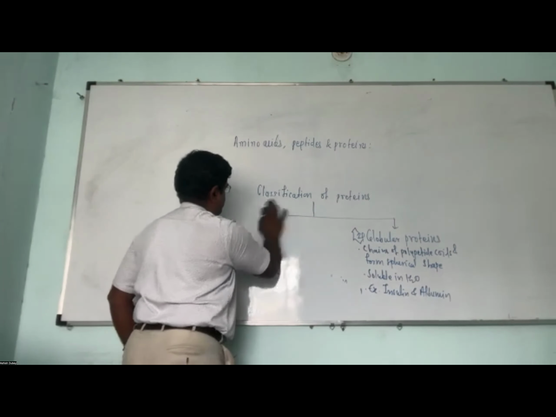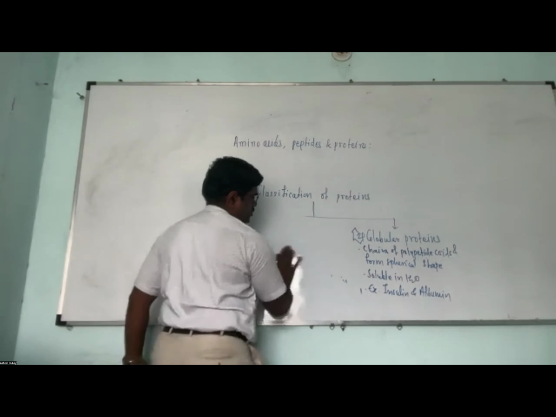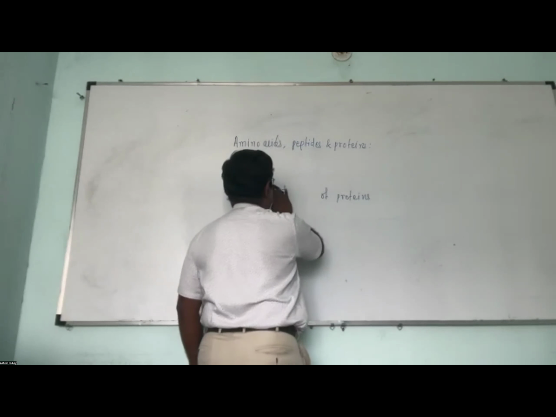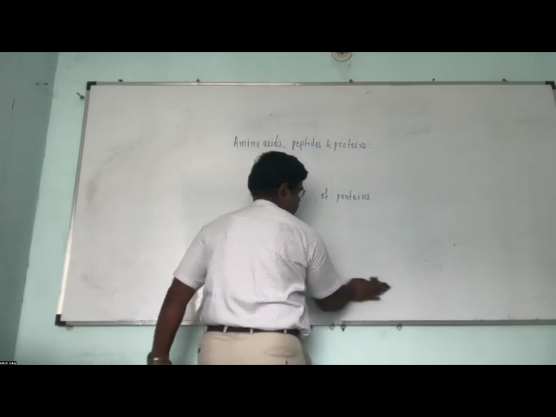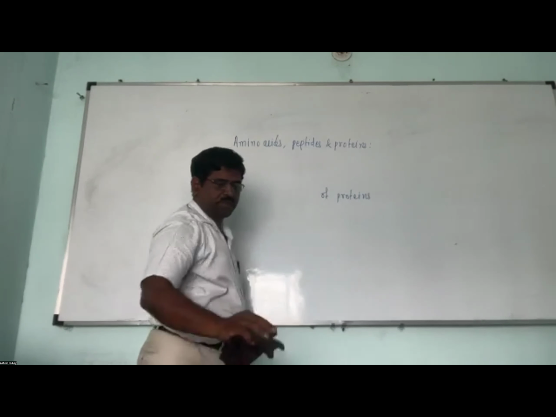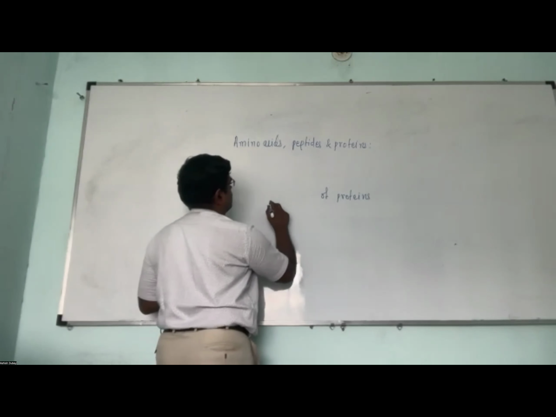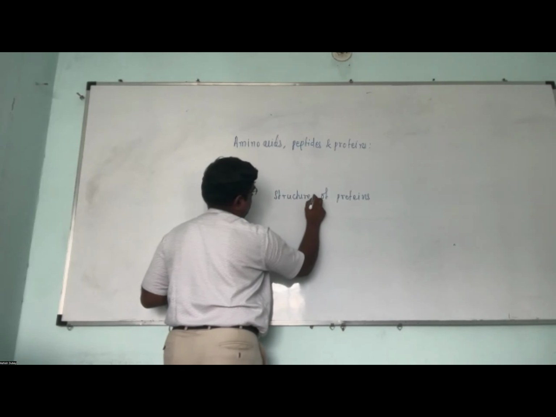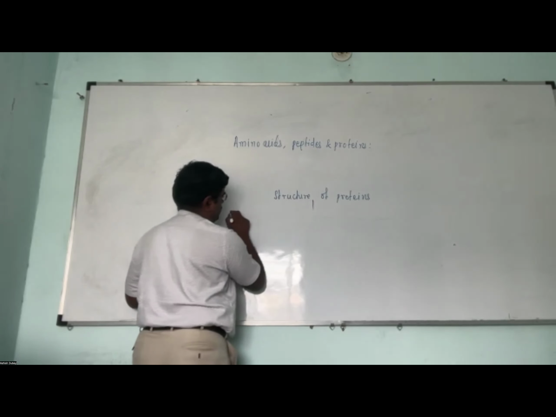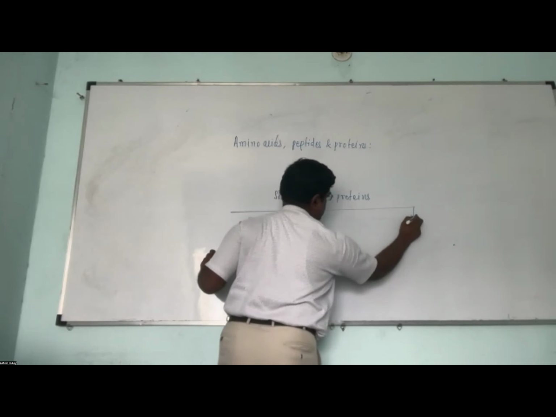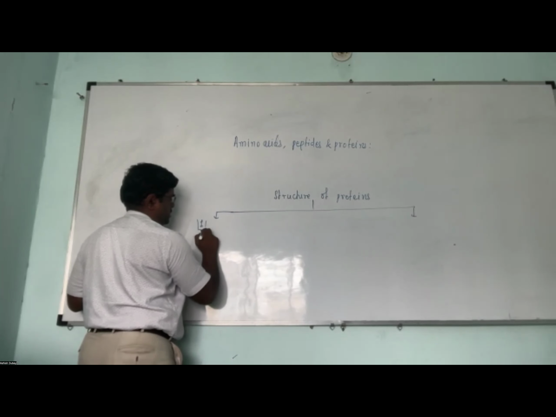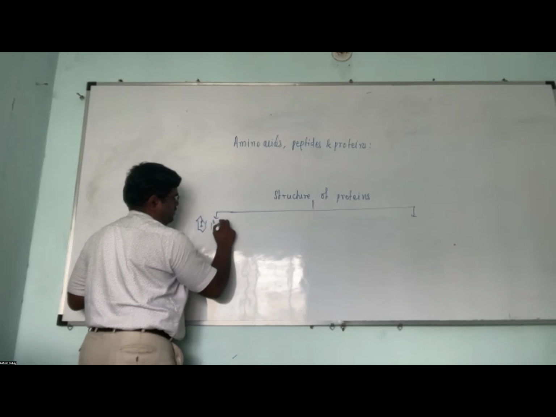Now, structure of proteins. The structure of proteins can be categorized into four types. First, primary structure.